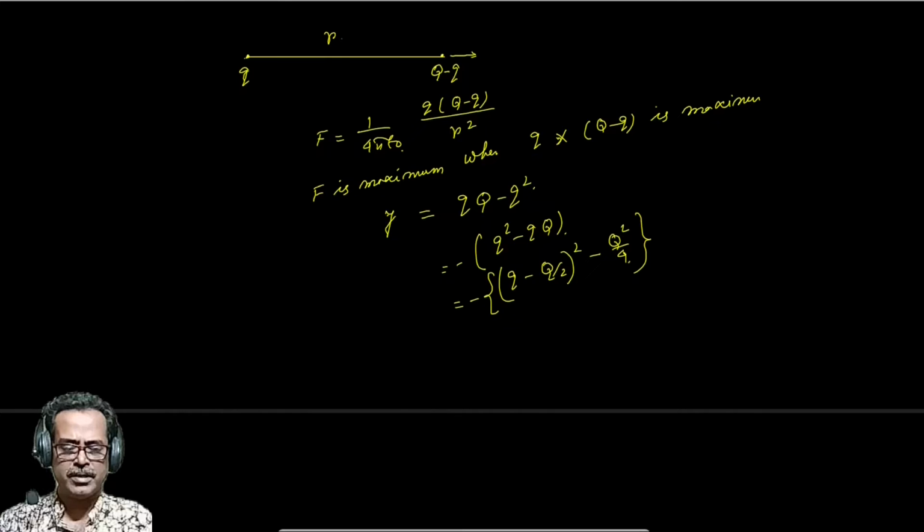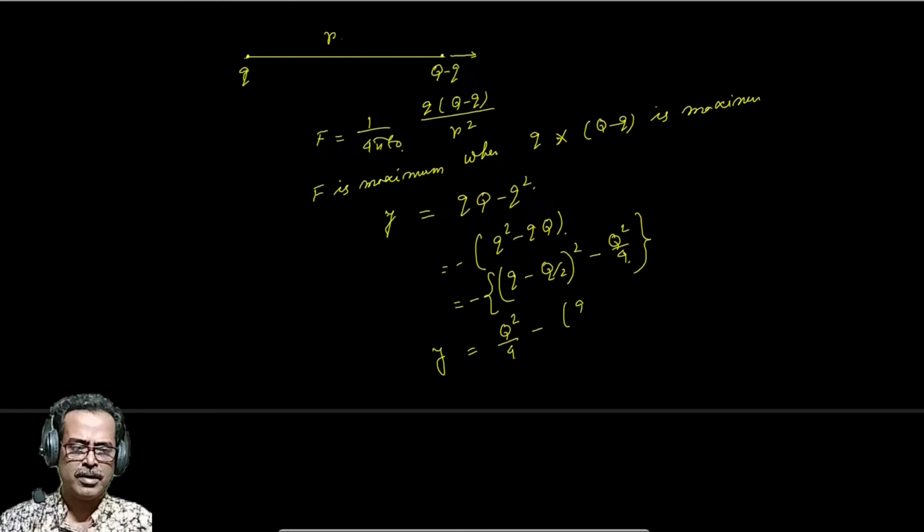Therefore Y is equal to Q square by 4 minus q minus Q by 2 whole square. So Y will be maximum when this quantity becomes minimum, because capital Q has a constant value, but the small q is variable.